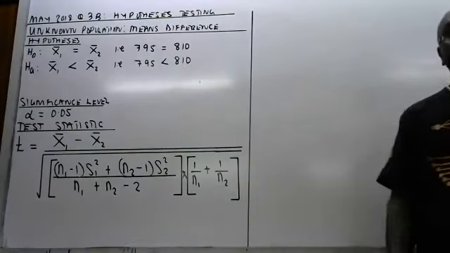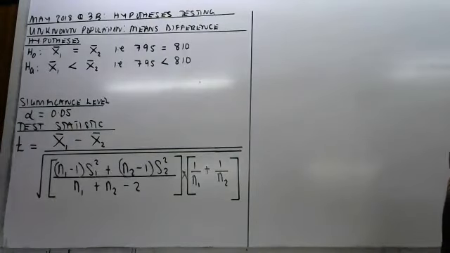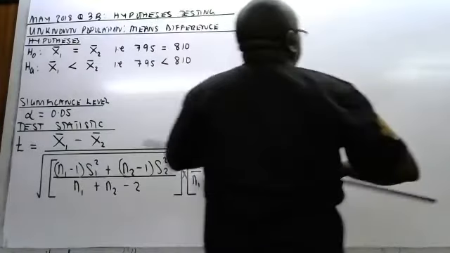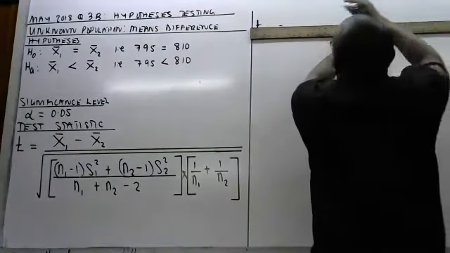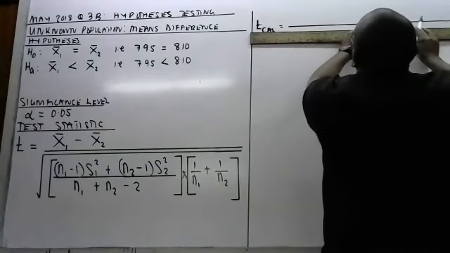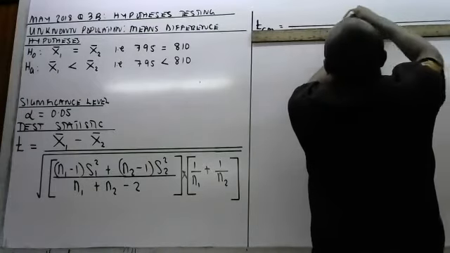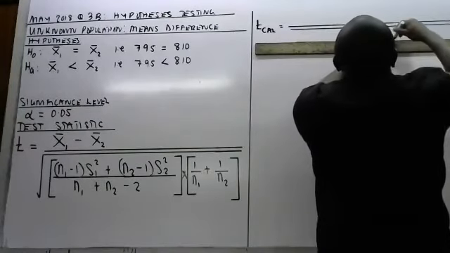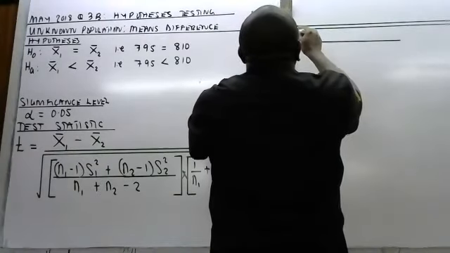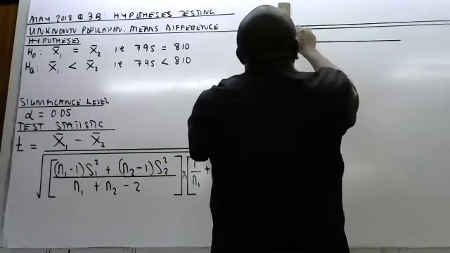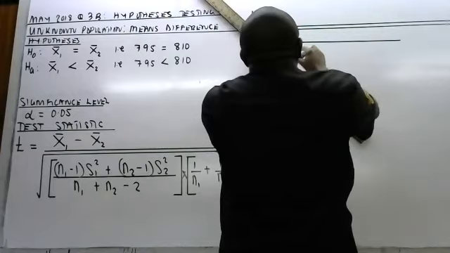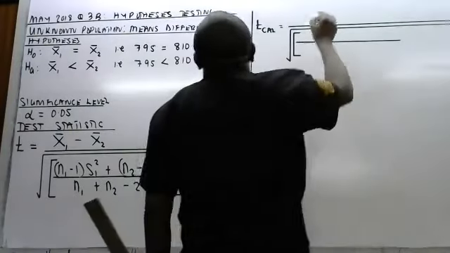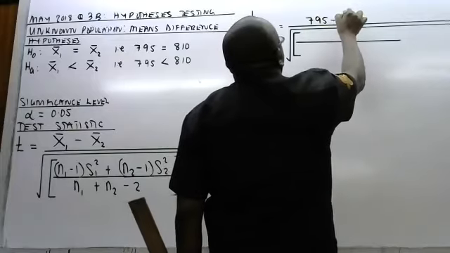T calculated follows here now. That T calculated will be equal to, so this is 795 minus 810.